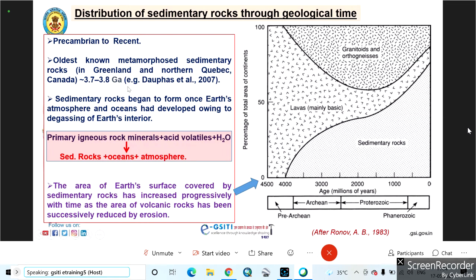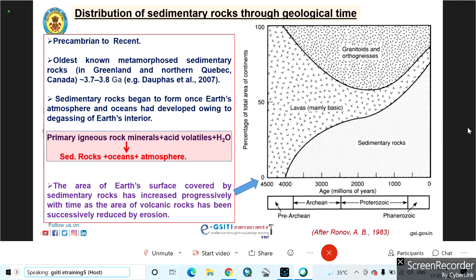It means we can assume that the sedimentary rocks from which these metamorphic rocks formed might have been older than this 3.8 giga-annum. And the earliest sedimentary rocks were formed when the degassing of the earth interior took place during the early formation of the earth.